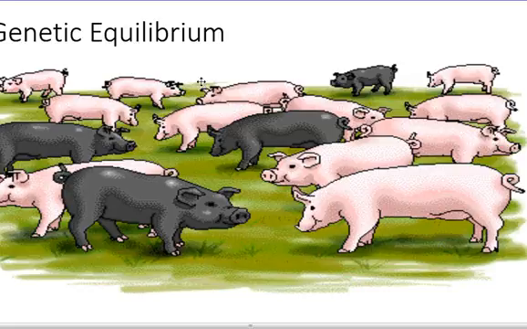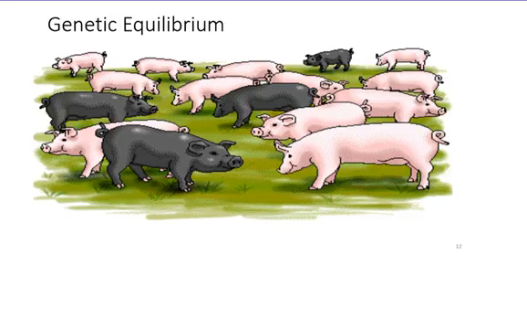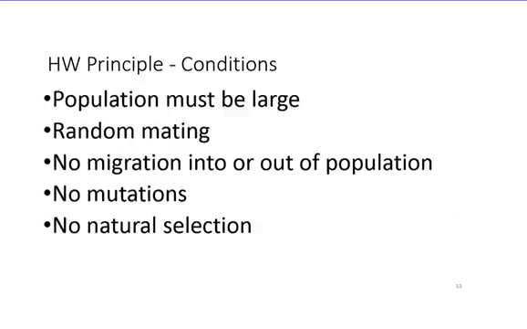And so what Hardy-Weinberg said is that in order for genetic equilibrium to occur, these 5 conditions must be present. Population must be large, meaning that if it's a small population, any change is going to be readily apparent. With 10,000 individuals, if one changes, there's no real difference.